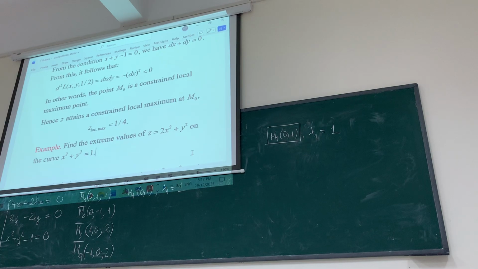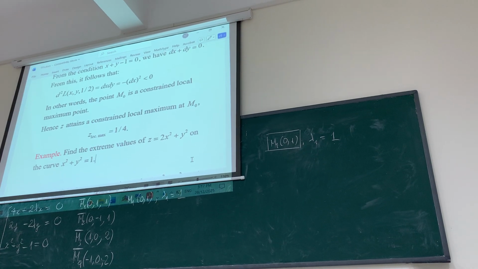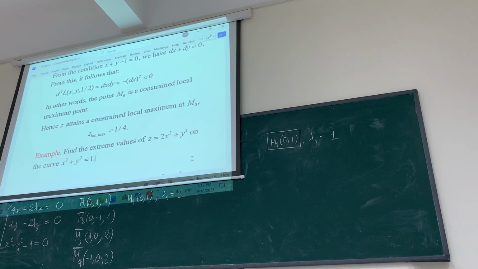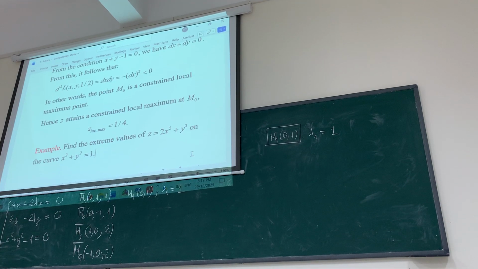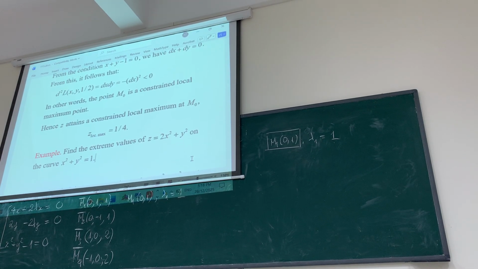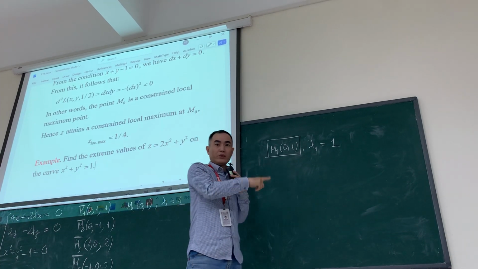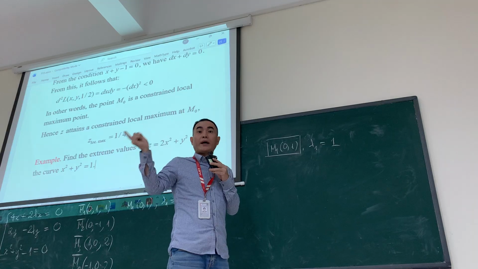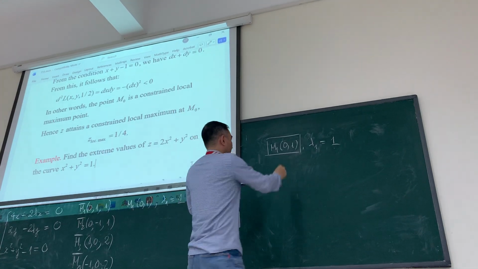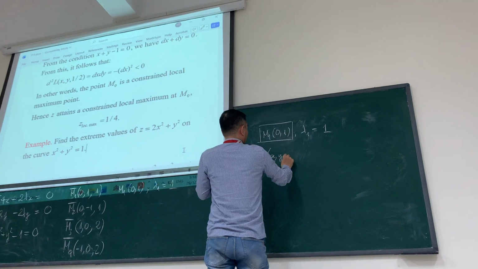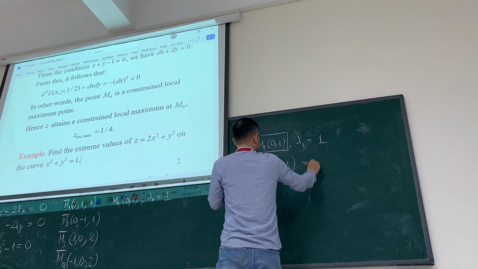Now I want to check this point M1. If you want to check this point, what do you need to do? We need to find the second differential d square L. Now, L with x, y, lambda 1, what is it?